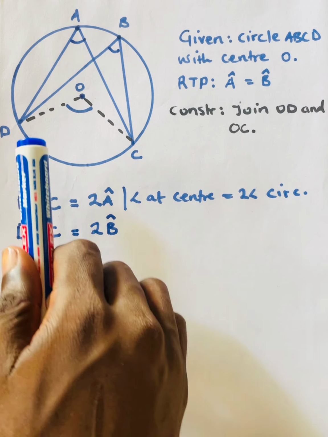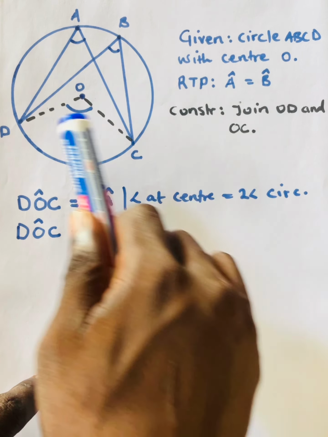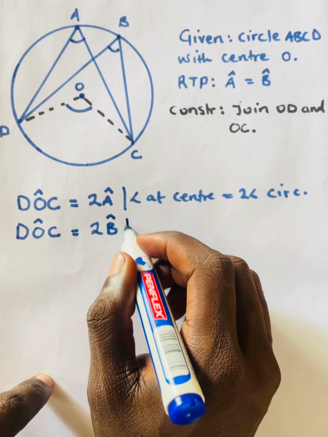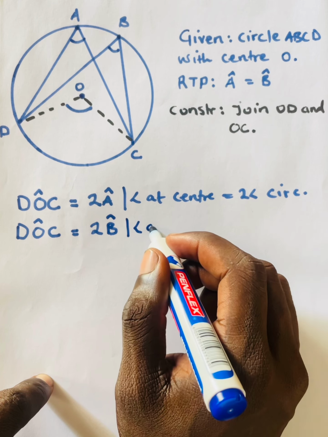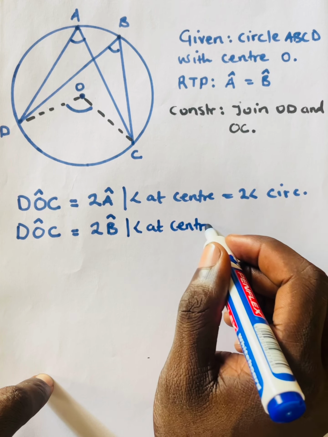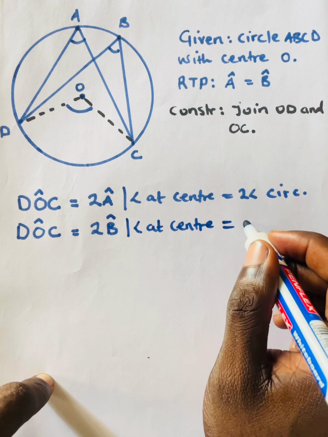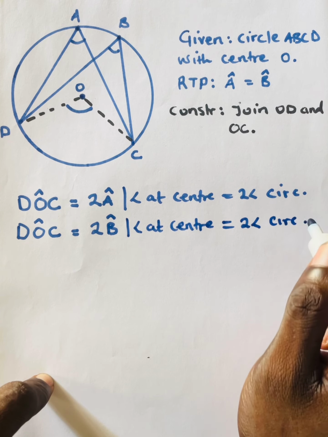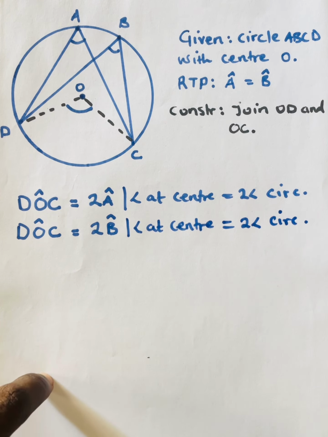So angle DOC is twice angle B, and we give the same reason: angle at center is equal to twice the angle at the circumference.